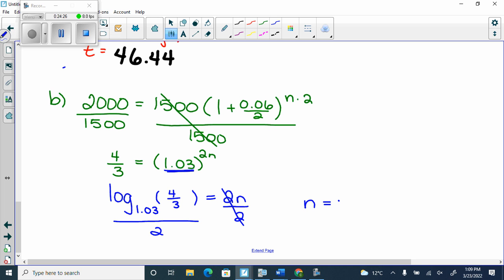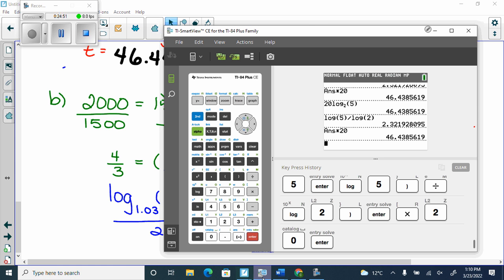That's what I did too, and I got like 4.87. Why is mine coming out like that? The calculator's lying to me. Divided by 2. Okay, we're at 4.8, so it'll be 5 years.